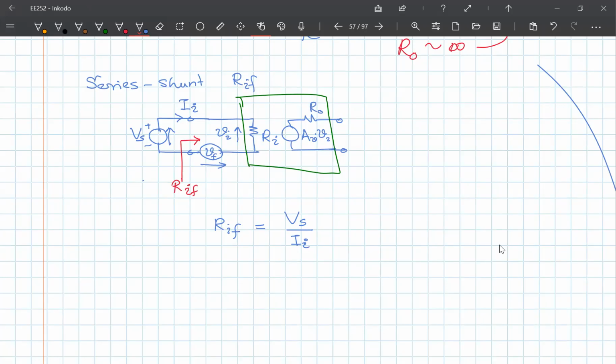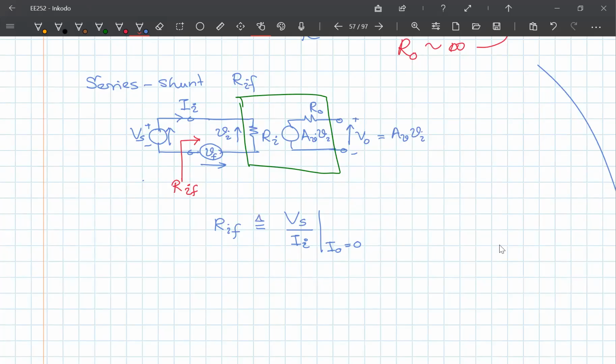In this case, unloading means no current flowing, so I out has to be 0. Since I out is 0, V out should be equal to Av times Vi, because the output current is 0 by definition.